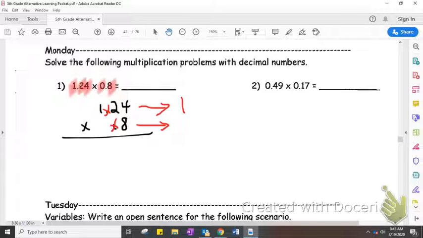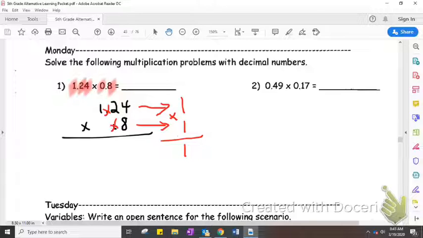So if you have about 80 cents, you have almost $1. So we can say that the product will be somewhat close to 1. Now, since we're multiplying 124 times 8, and we're ignoring those decimal points for now, we're going to have to figure out at the end, how do I put the decimal point so that it's close to 1 whole?